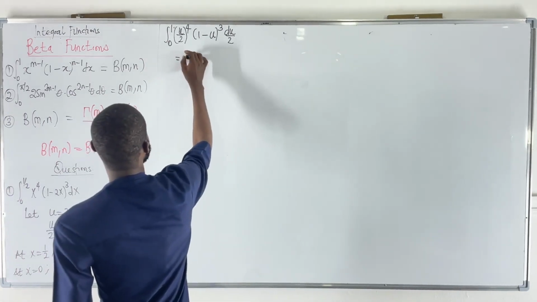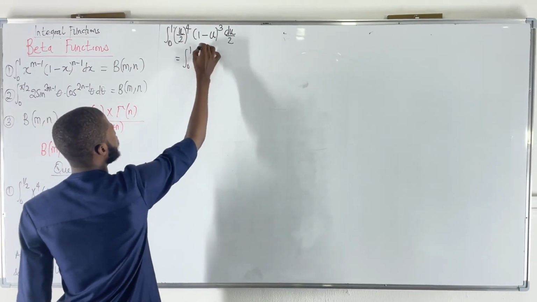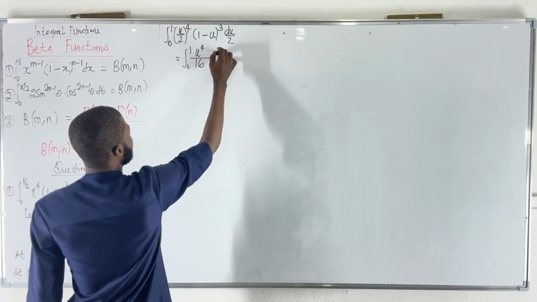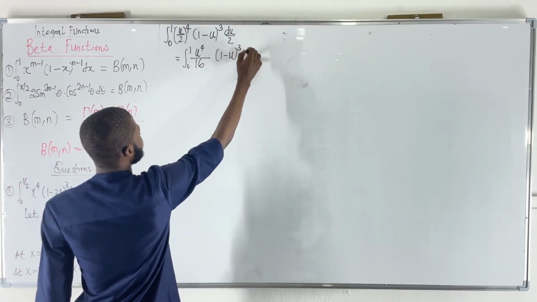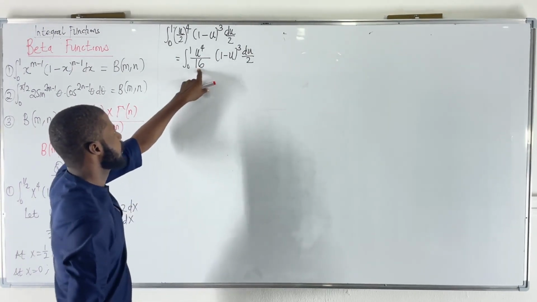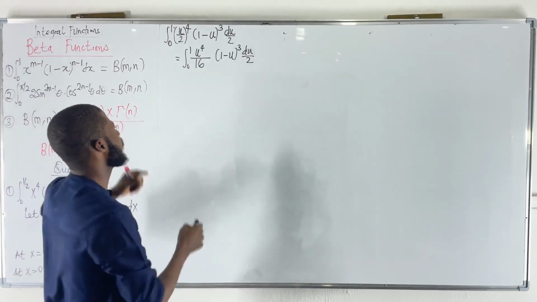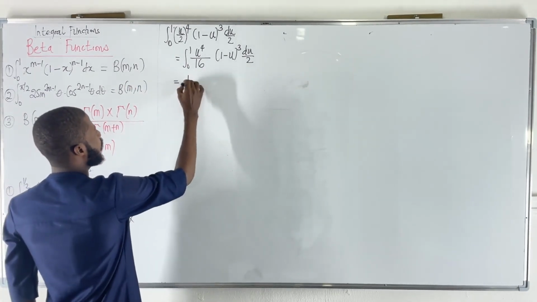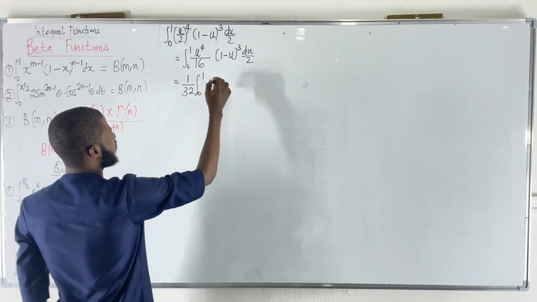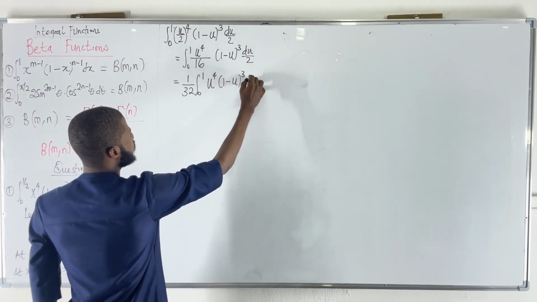So this is equal to the integral from 0 to 1. Now this will be u to the power of 4 divided by 2 to the power of 4, which is 16, and then we have 1 minus u to the power of 3, du over 2. Now this 16 and this 2 can actually multiply. So 16 times 2 is 32. So let it come outside. This will be 1 over 32 integral from 0 to 1 of u to the power of 4, 1 minus u to the power of 3 du.